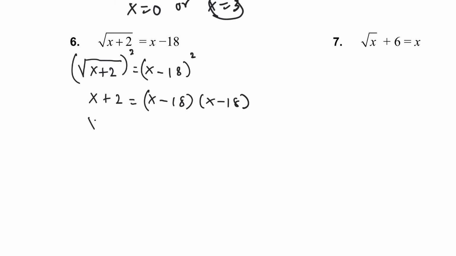And we know that we have x plus 2 is equal to x squared. That's x times x. X times negative 18 is negative 18x. Negative 18 times x is negative 18x. And negative 18 times negative 18 is 324.